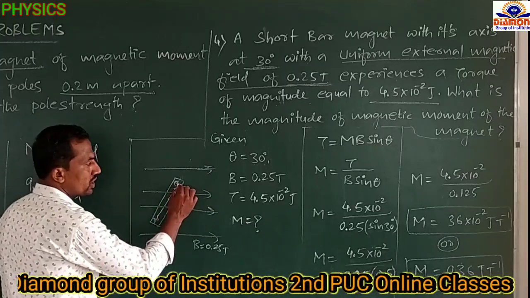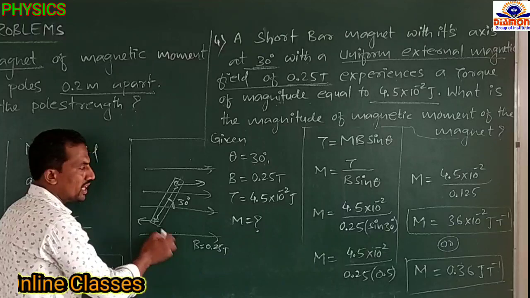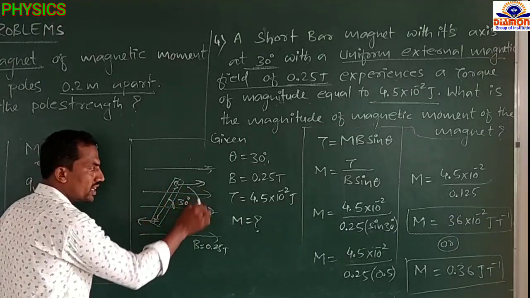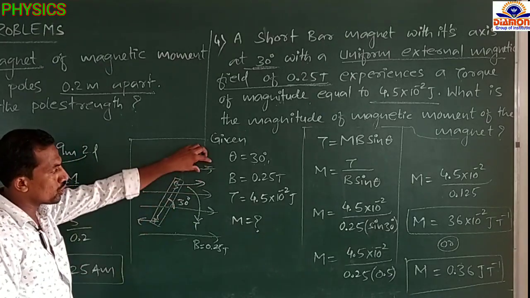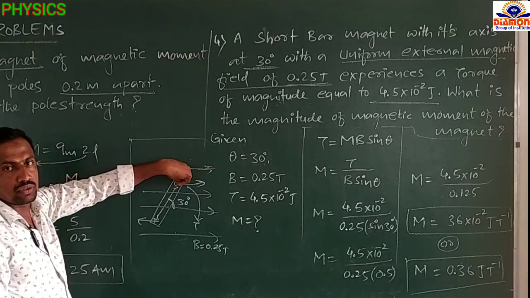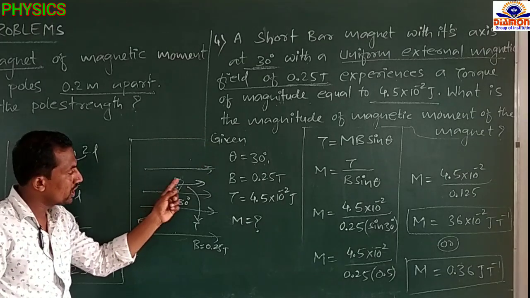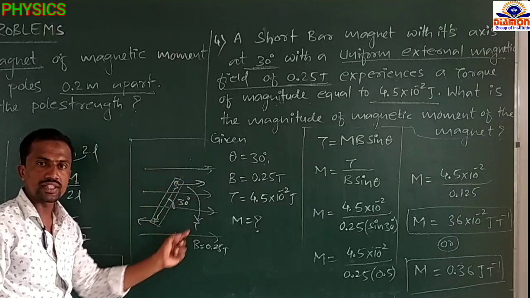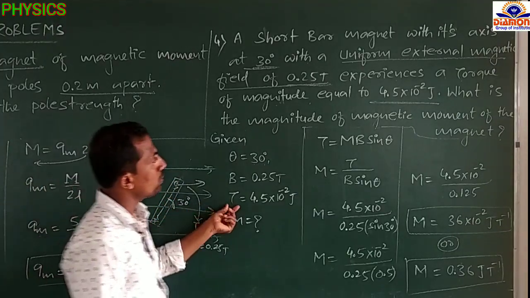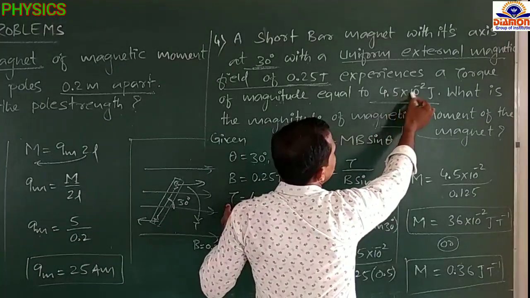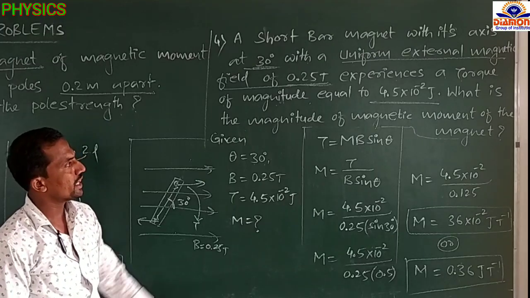Due to that force, the dipole will rotate. That turning effect of a force is called torque. Torque is denoted by tau. Tau equals the given value 4.5 times 10 to the power of minus 2 joules. Torque value is given.